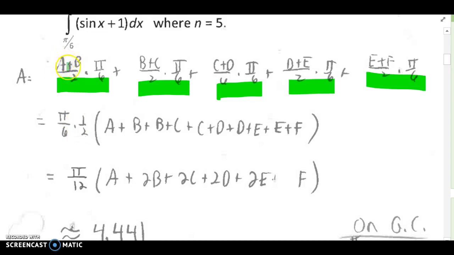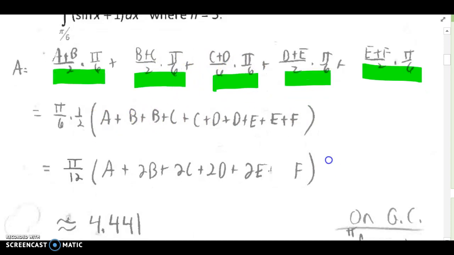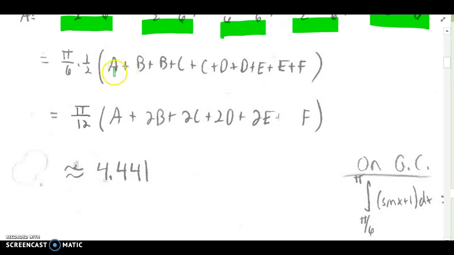And we're left with A plus B plus B plus C plus C plus D plus D plus E plus E plus F. I copied all of those down right here. Just by factoring out the GCF, we get all of these terms. Combining all of those, there's 1 A, 2 B's, 2 C's, 2 D's, 2 E's, and 1 F.